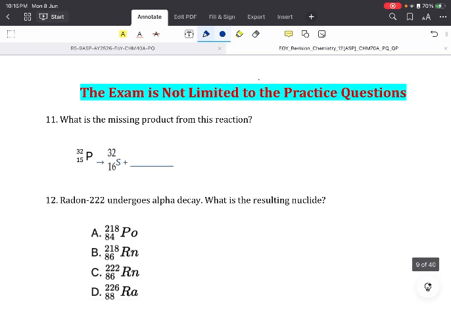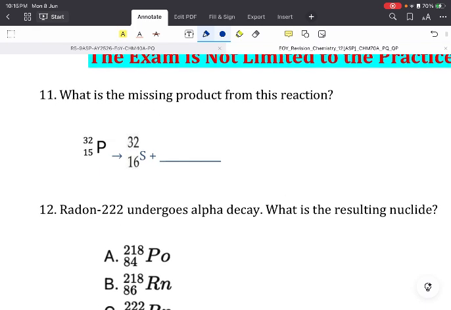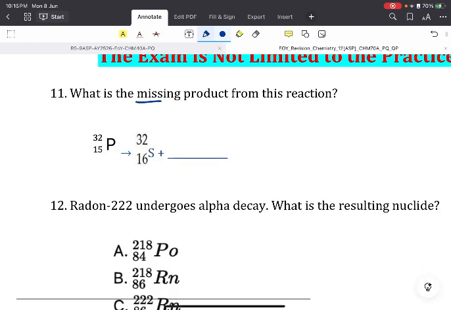Now in some other questions, they're gonna give you the equation and you're gonna find out the missing product. So I have phosphorus, this is 32, it changed into sulfur, it's still 32. So I have here a particle with 0 mass number. Now 15 turned to 16.